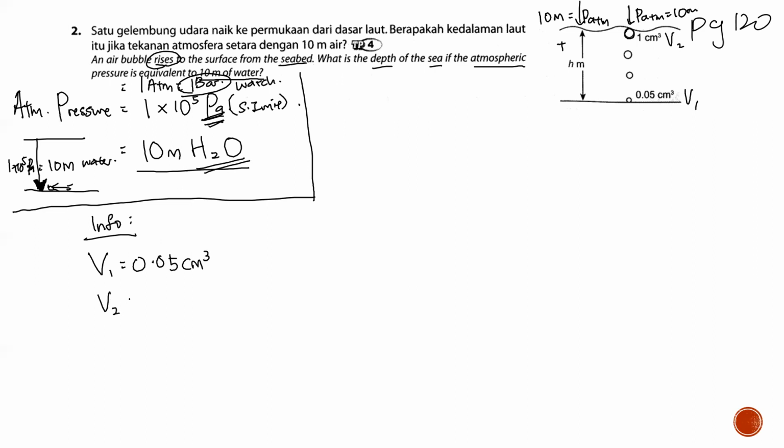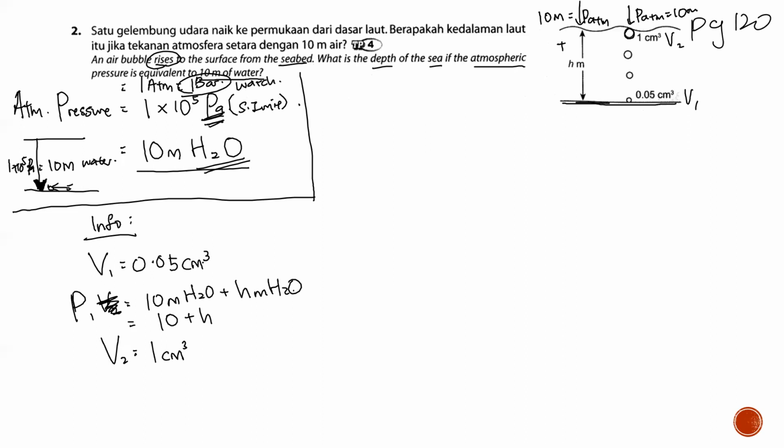Then V2 would be 1 centimeter cube. P1 will be the pressure at the bottom, means 10 meters of water plus h meters of water. So in short form, 10 plus h.